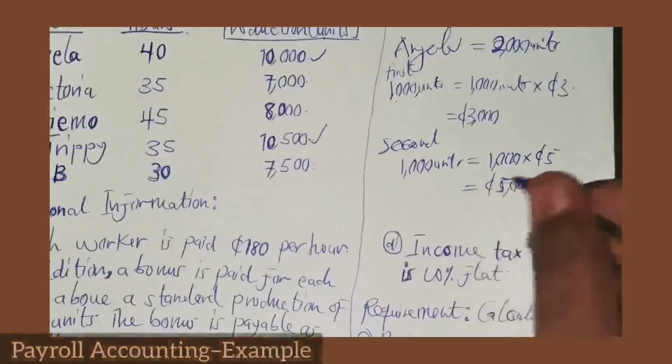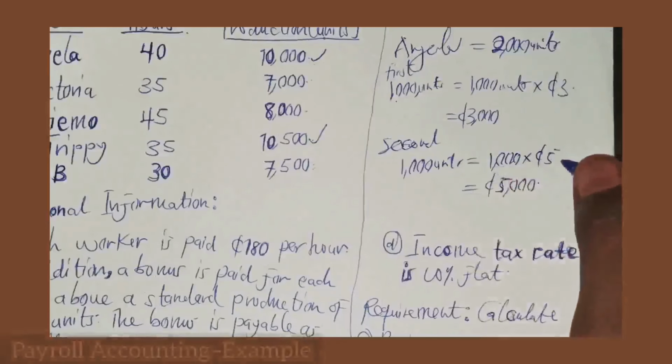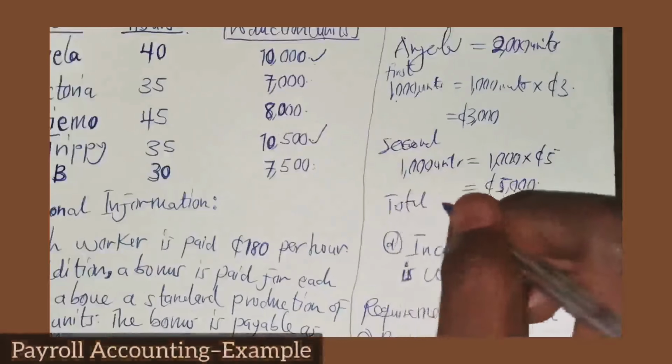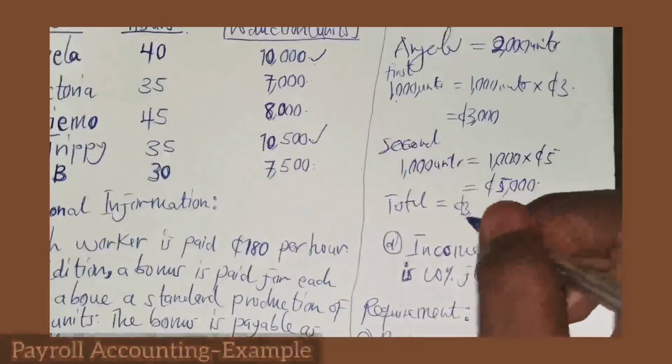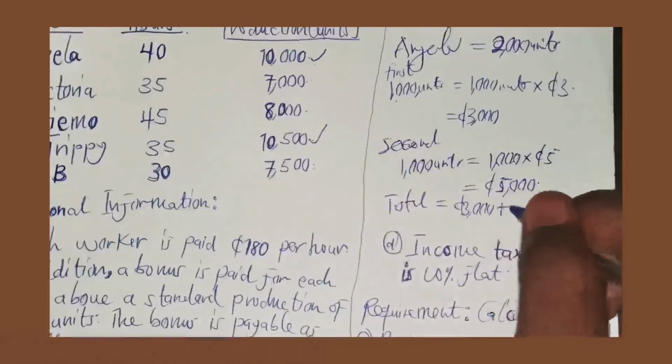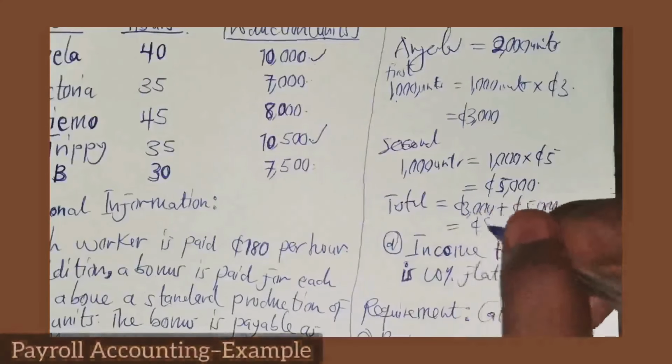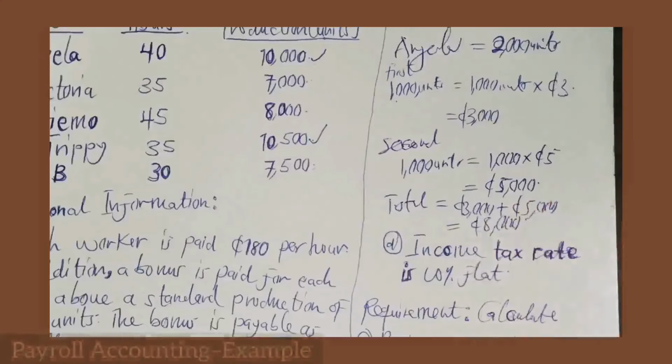So the total of Angela's bonus will be 3,000 plus 5,000, and then they're going to get 8,000. That will be Angela's bonus.